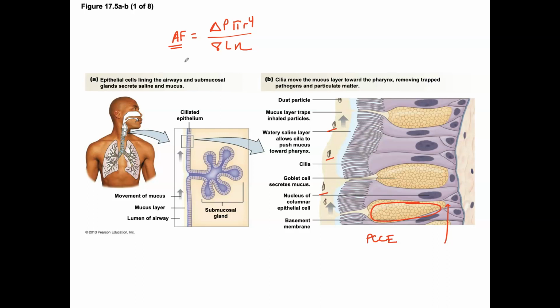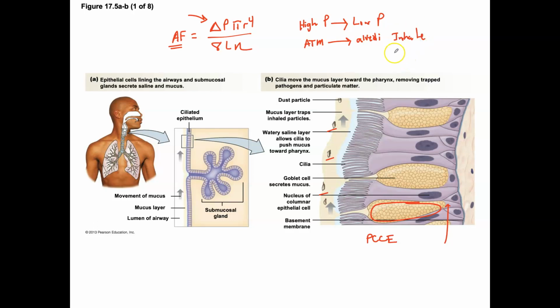So what are some things that affect airflow through the respiratory system? Well, air will move when there's a difference in pressure. So if we can create a delta P, a difference in pressure, then air will move. So basically what we're saying is that if there's a high pressure and a low pressure, then air will flow from the high pressure area to the low pressure area. So if the atmosphere has a higher pressure and the alveoli of the lungs is at a lower pressure, then we can get air moving into the respiratory system, and that would be inhaling.